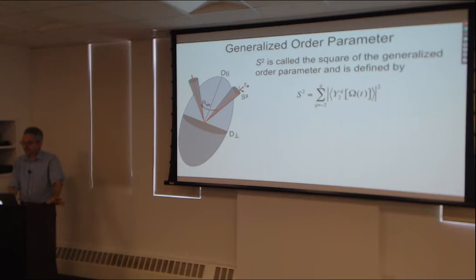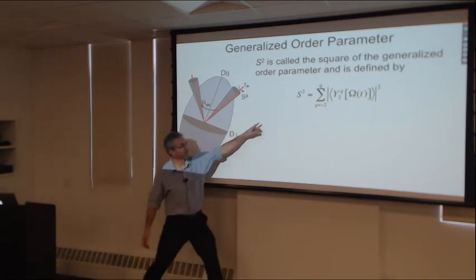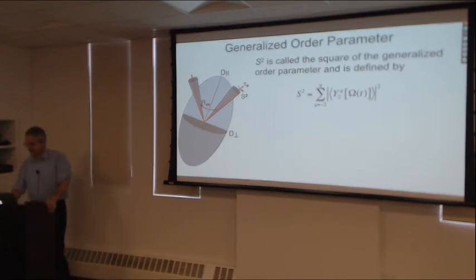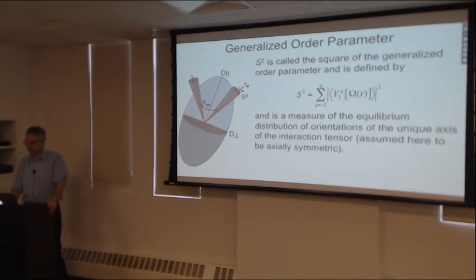S squared has a formal definition that comes from the properties of the autocorrelation. At long times, the autocorrelation function becomes the square of the mean of the individual spherical harmonics, and then using the spherical harmonic closure theorem gives this formal expression for S squared, although frequently people don't bother writing it down.